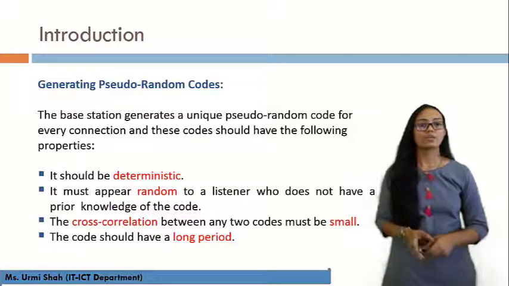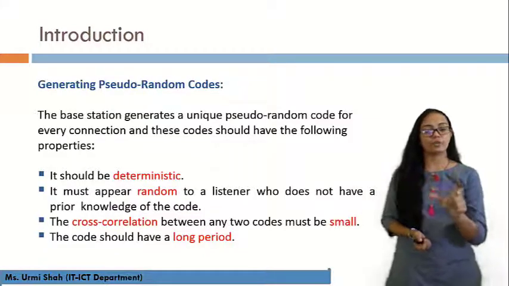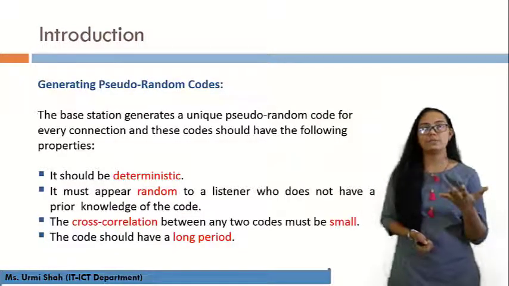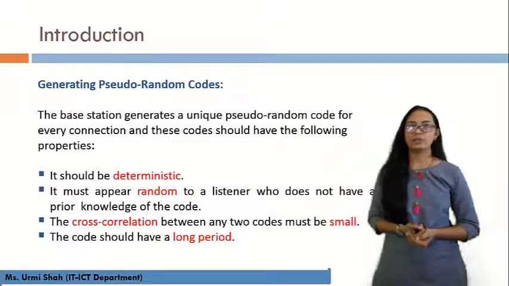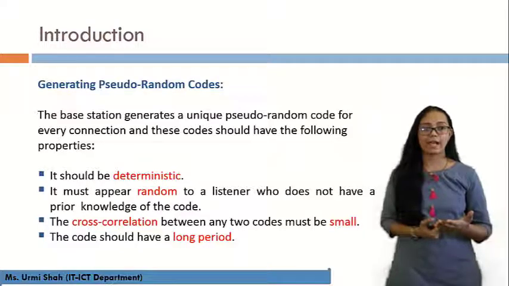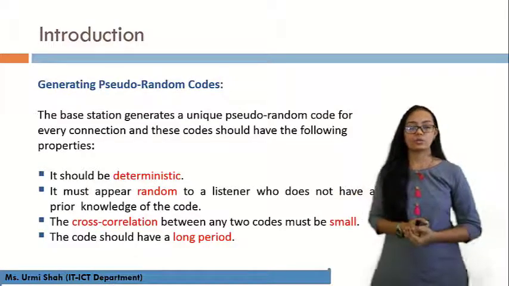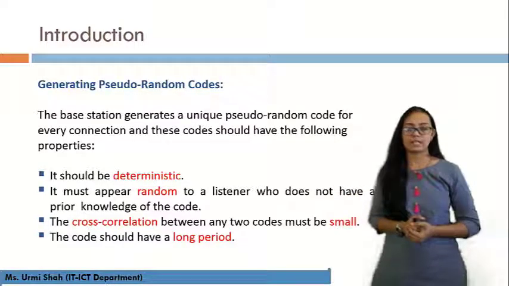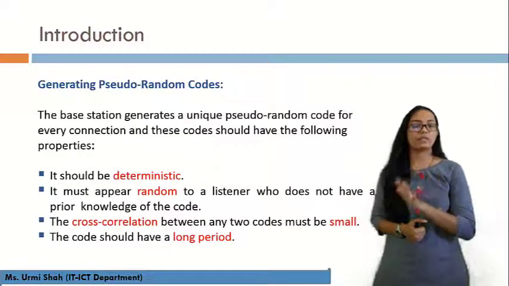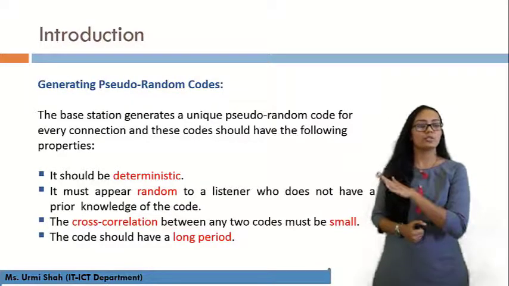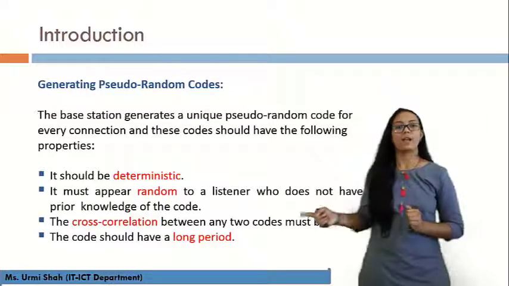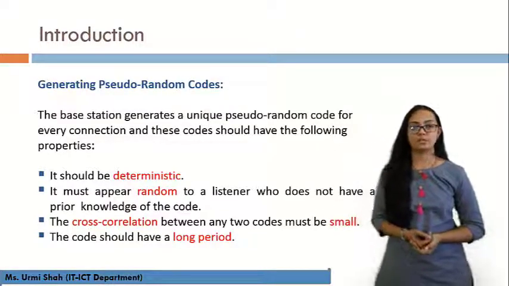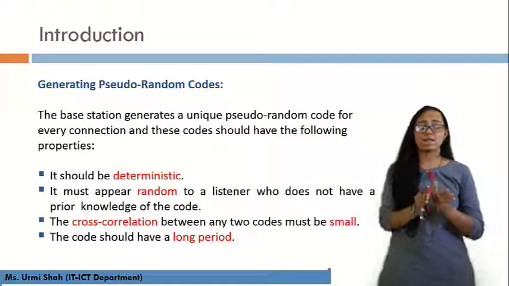Deterministic means it should have some mathematical formulation based on which some random sequence is generated. Secondly, it must appear random to a listener who does not have prior knowledge about the code. So our code will remain safe, it will remain secure, no one can hack that. So it should appear as a random code to the listener. Thirdly, the cross correlation between any two codes must be very small.